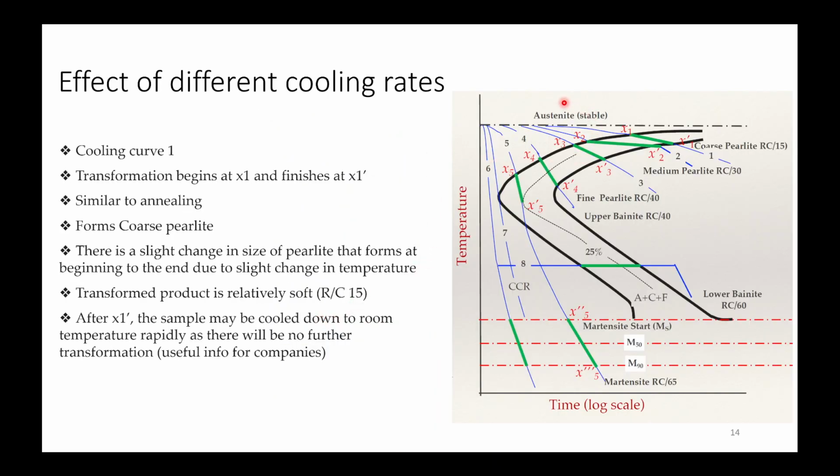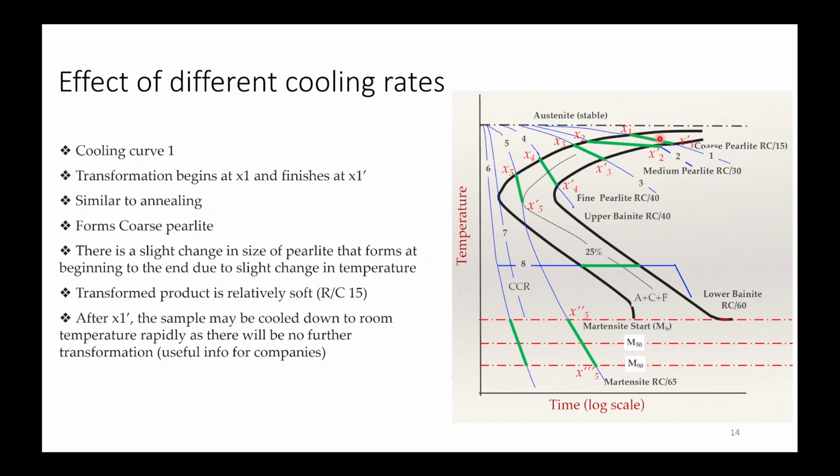Now there are various cooling curves drawn for this isothermal transformation diagram. So using different cooling curves you can obtain various microstructures, and depending on that your final steel product will have different properties. So for example, cooling curve 1 is, this is x1, x dash 1.